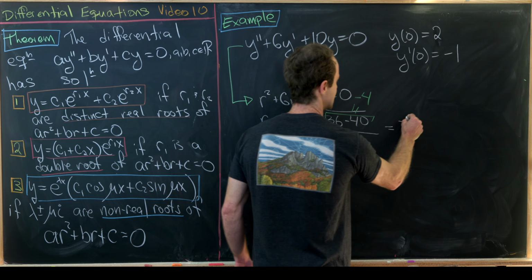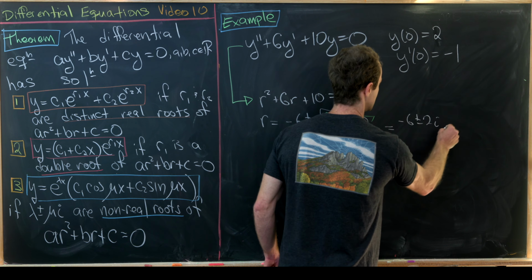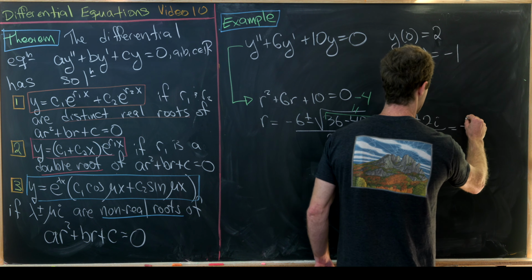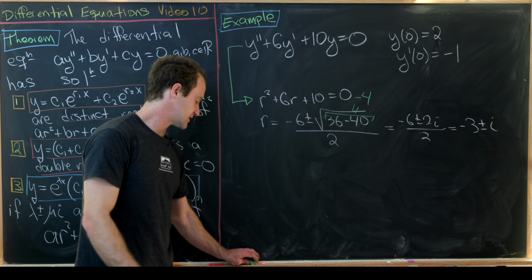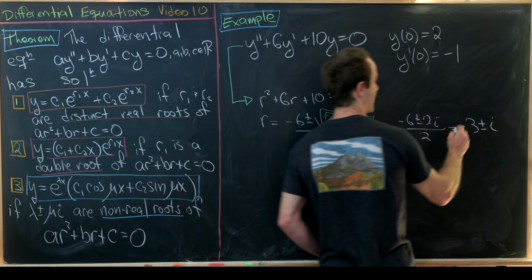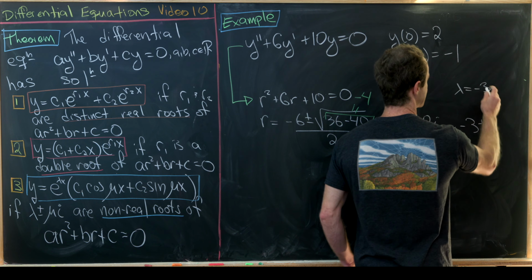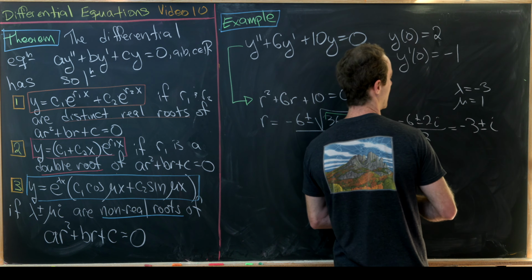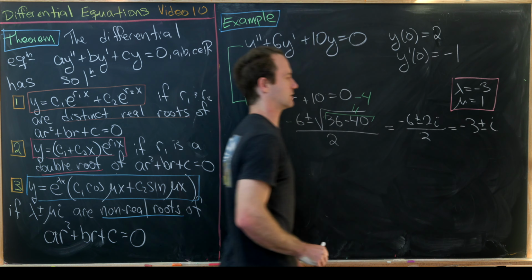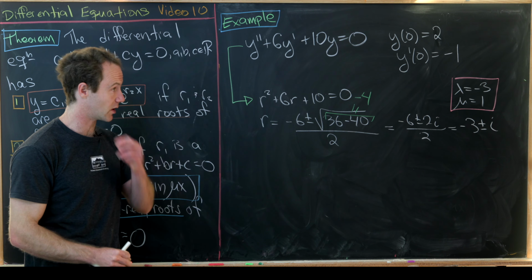So this is going to be -6 plus or minus 2i over 2. In other words, -3 plus or minus i. So that means in our language over there, lambda will be equal to -3, and then mu will be equal to 1, because 1 is the coefficient of the imaginary part.